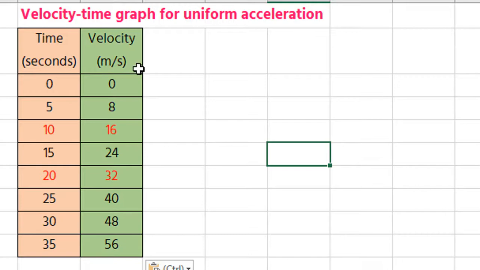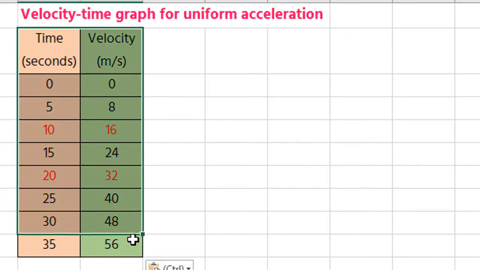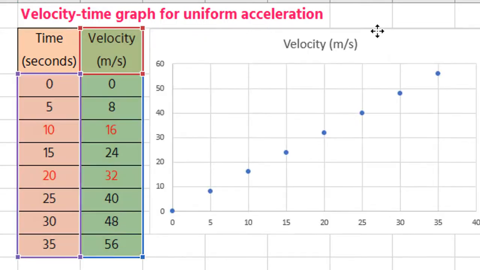Plot this graph of time versus velocity, with time on the x-axis and velocity on the y-axis. Plot the points like 0, 0, 10, 16.